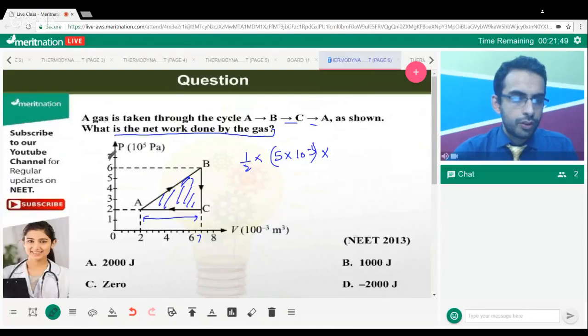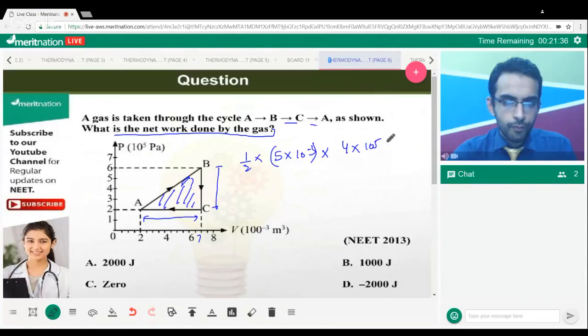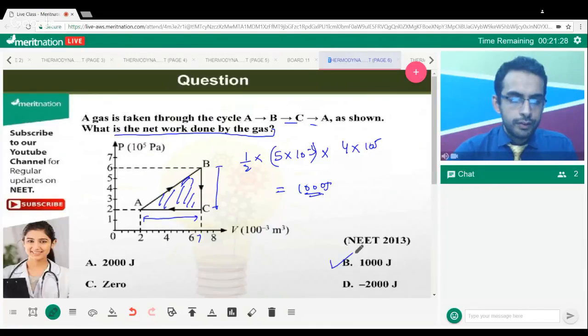And what is the change in pressure? It's 6 minus 2, that means 4 into 10 raised to power 5. From this you can calculate the value to be 1000 joules. So the correct option is B in this question.